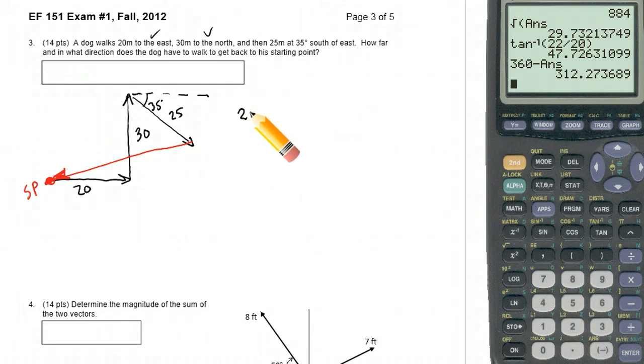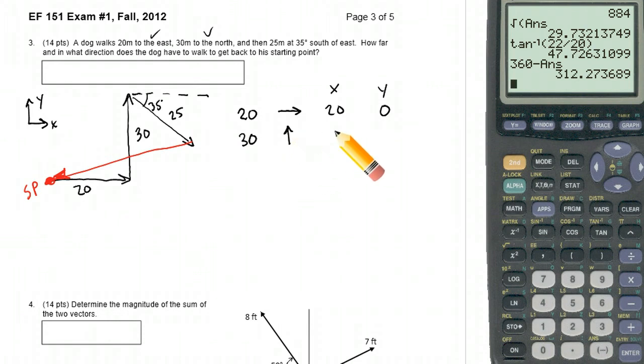We have 20 and we'll use standard XY. Alright, and it's going to the right. Its X would be 20, and its Y would be 0. We have our 30 meter vector going straight up, 0 and 30.